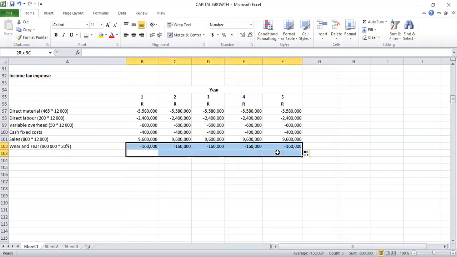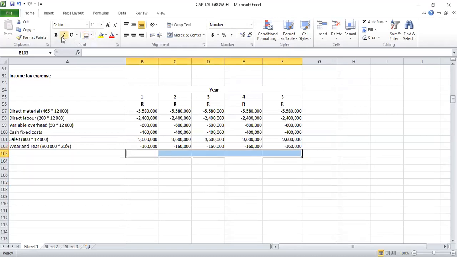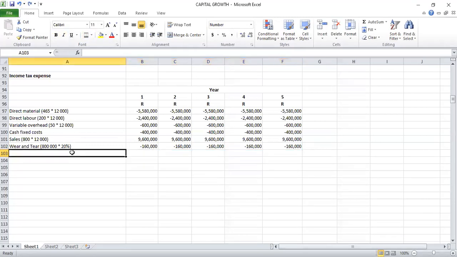Right, then we have our recoupment. And again, you should be very careful. When they say 20%, you have to check how many years. If it's 20%, that means it's over 5 years. Where is the 5 years? 100% divided by 20%, we get 5.